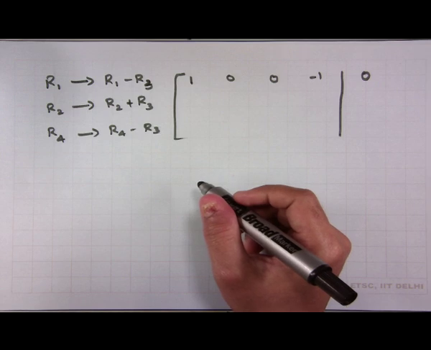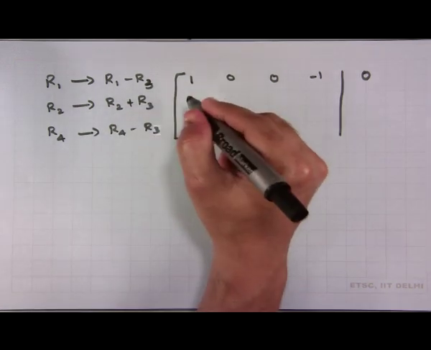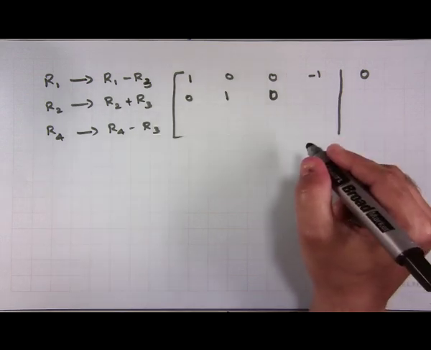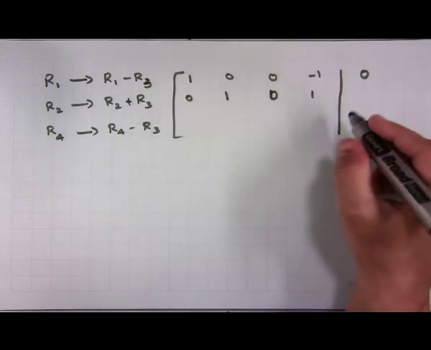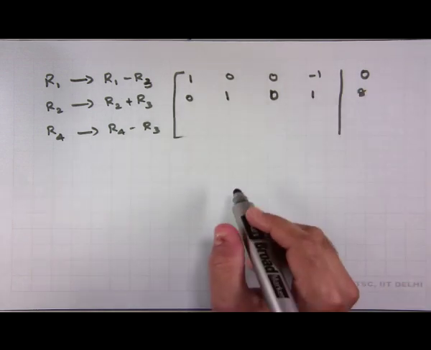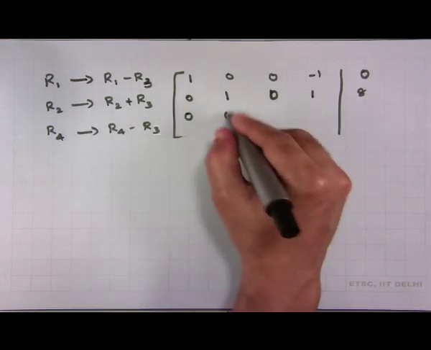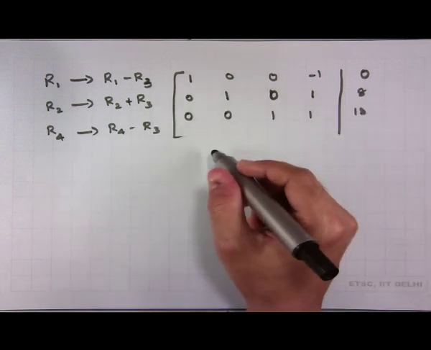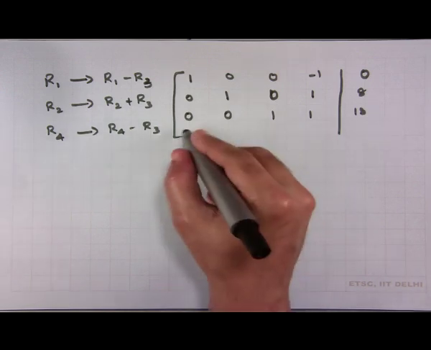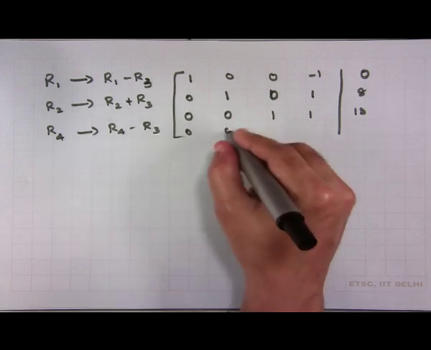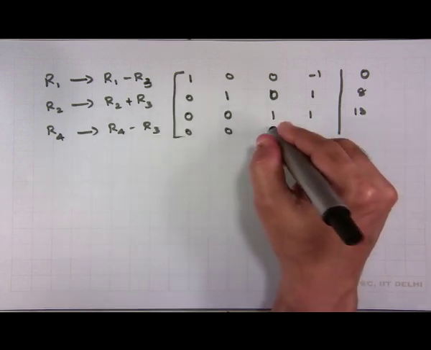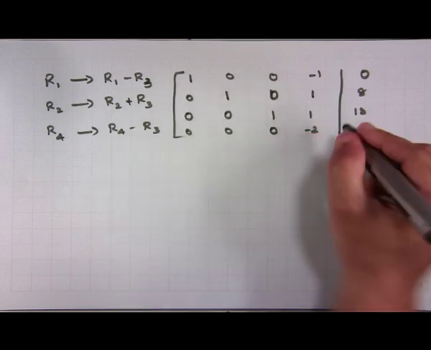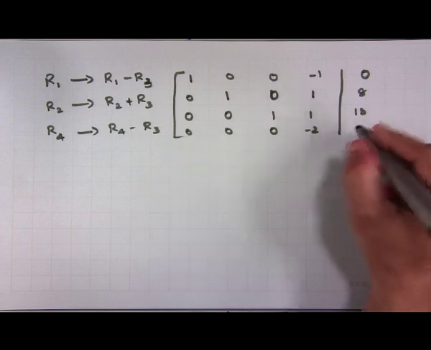Second one, R 2 plus R 3: 0 plus 0 you have 0, 1 plus 0 you have 1, minus 1 plus 1 it is 0, 0 plus 1 you have 1, minus 5 plus 13 you have 8. Third row remains as it is, 0 0 1 1 13. Last row it is R 4 minus R 3: 0 minus 0 is 0, 0 minus 0 is 0, 1 minus 1 it is 0, minus 1 minus 1 you have minus 2, 5 minus 13, so you have minus 8.